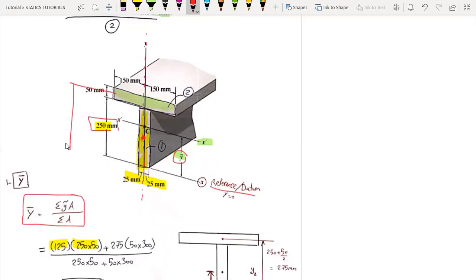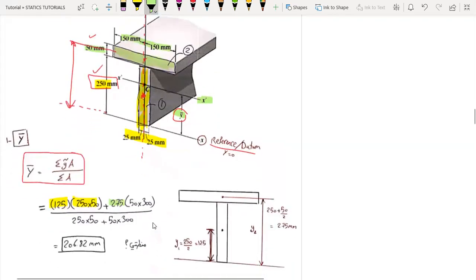the y tilde will be the distance from the center of this segment to the datum, which is 250 plus 50 over 2, which is 25. So 250 plus 25 will be 275. And the area of it will be 300 multiplied by 50. We can copy the areas down, and we will get y bar to be 206.82 millimeters.